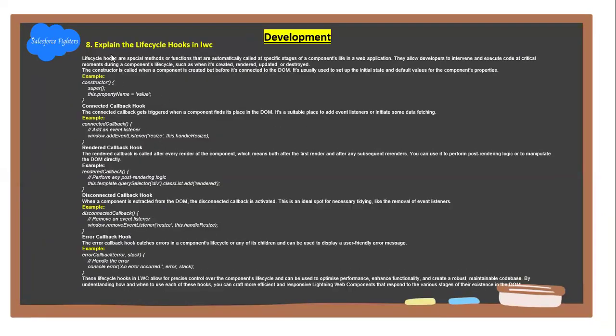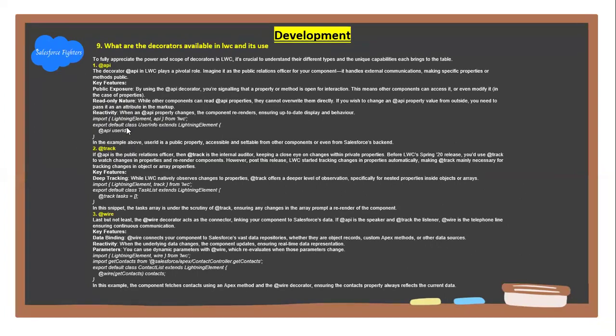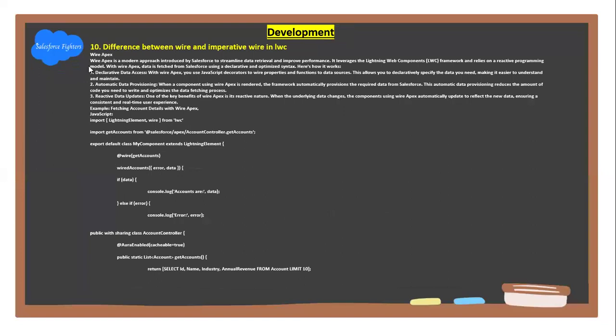Next question, explain the life cycle hooks in the LWC. Next question, what are the decorators available in the LWC and where are they used? Next question, difference between wire and imperative Apex in LWC.